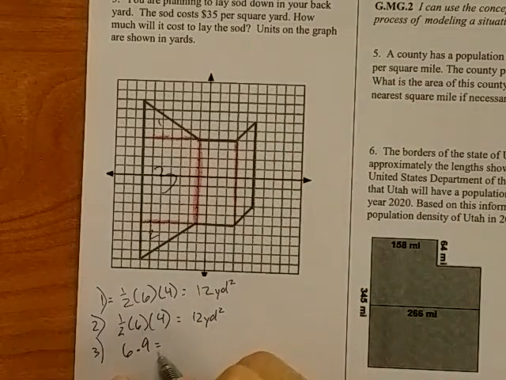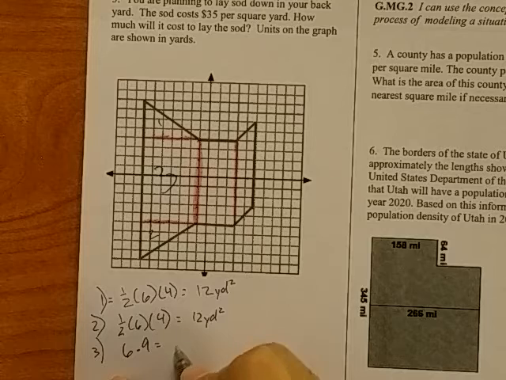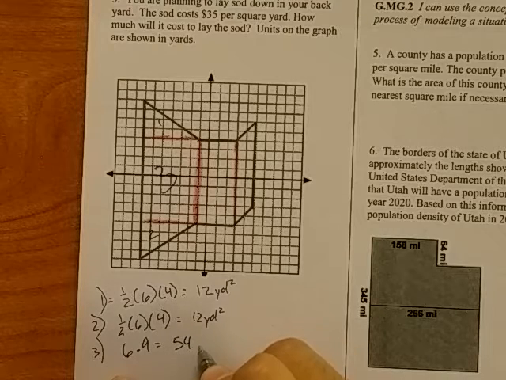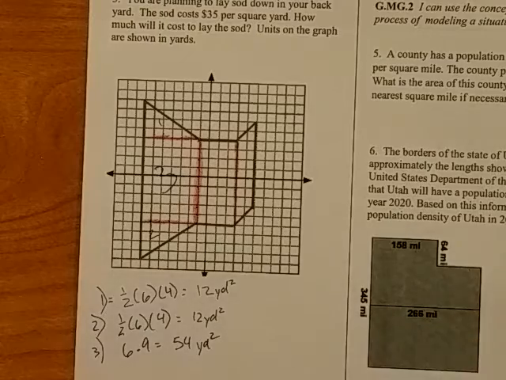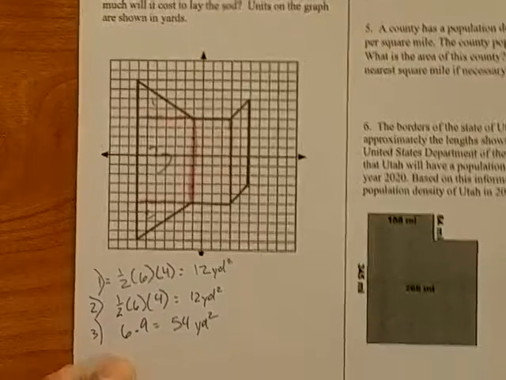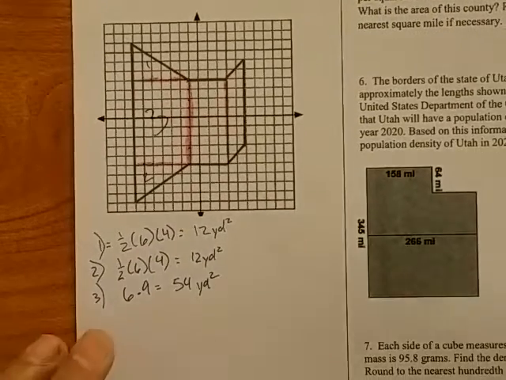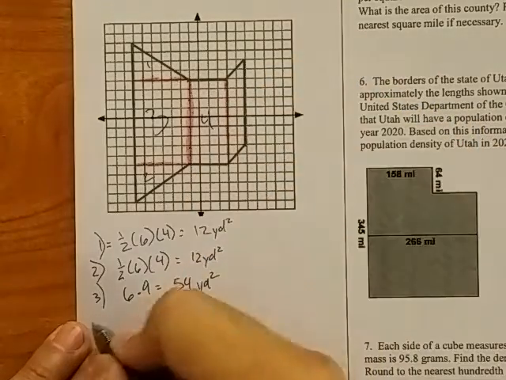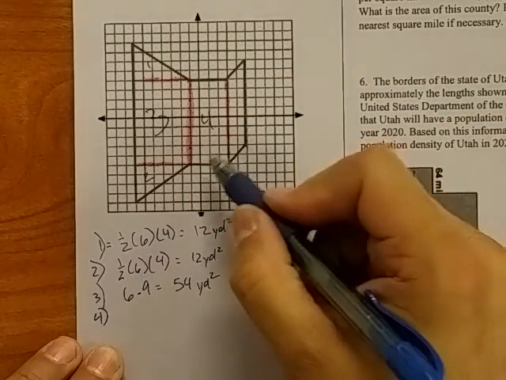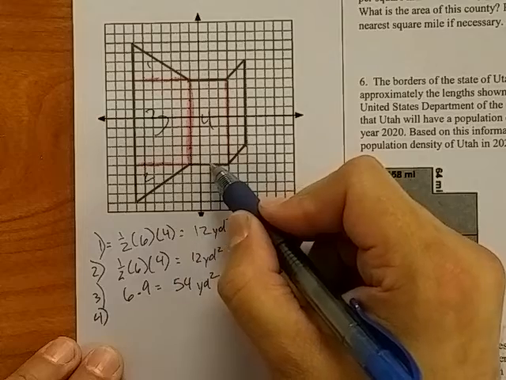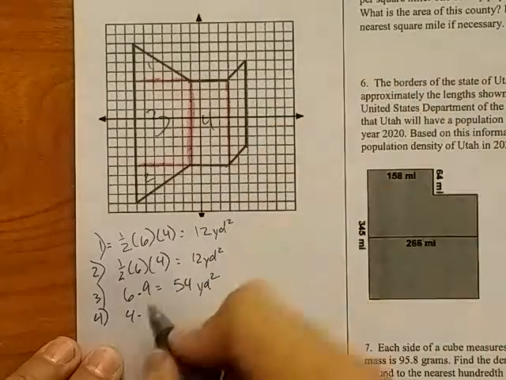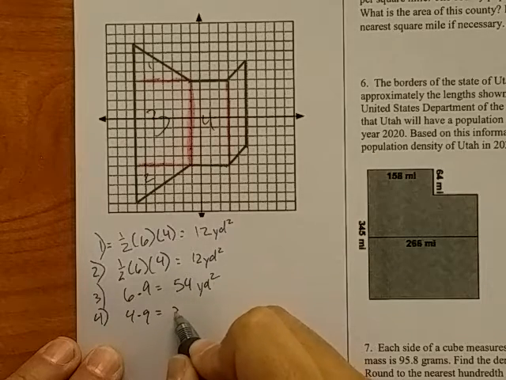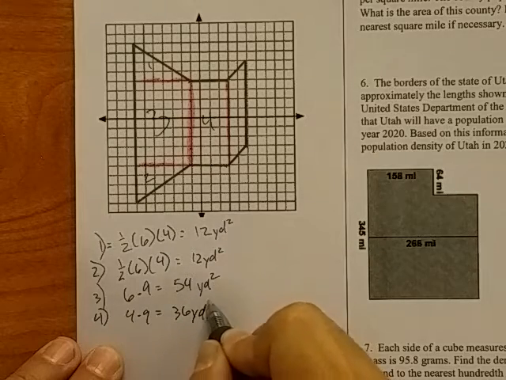So that's going to be, let's see, 54 yards squared. So now, let's see, slide up slightly. Okay, part 4 is going to be another rectangle, which is basically going to be 1, 2, 3, 4. The height is going to be 9. That's going to be 36 yards squared.